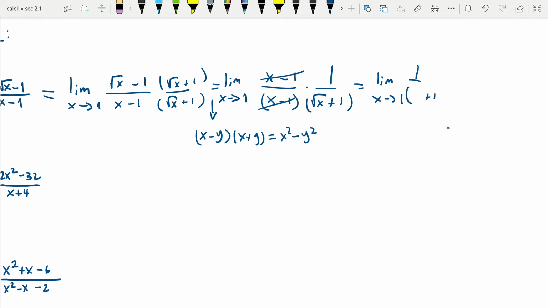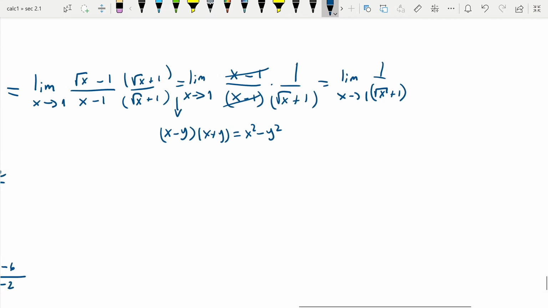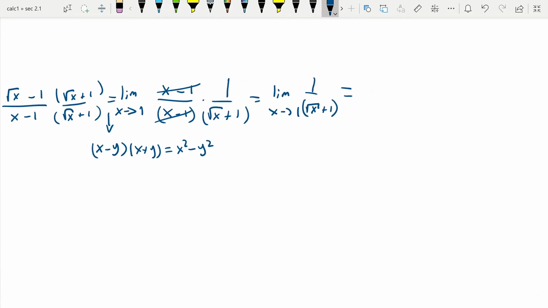This expression is well defined when x is equal to 1. The numerator is just 1, and as x approaches 1, square root of x approaches 1. So we get 1 over 1 plus 1, which is just 1 over 2.